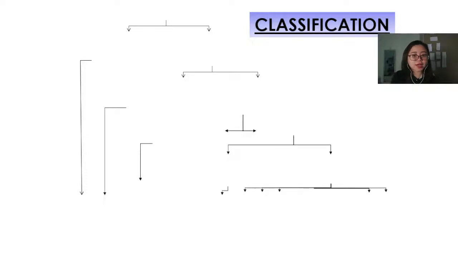But before I can tell you to watch the other videos, I would first like to clarify how we can classify organisms in kingdom Animalia into these 9 phyla. So we start with the ancestral protista.